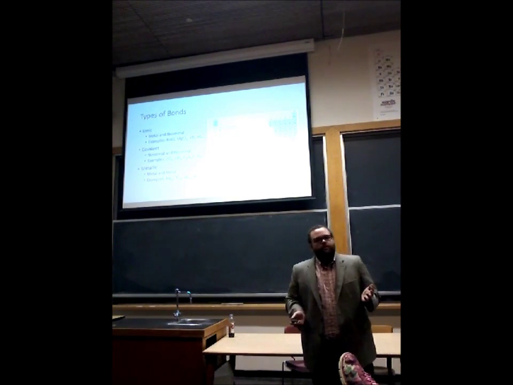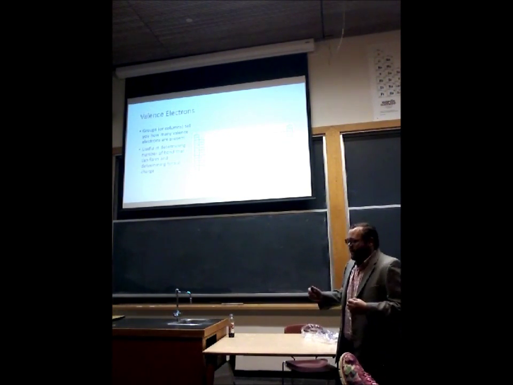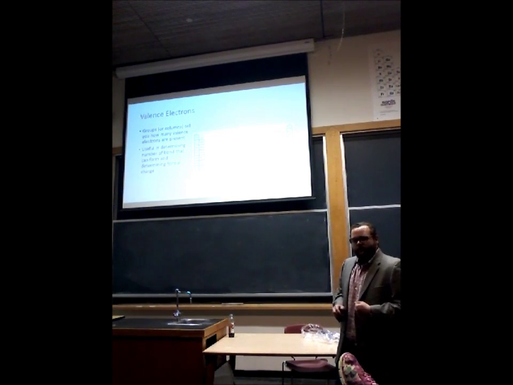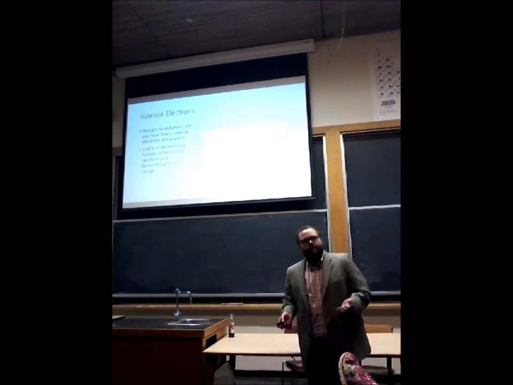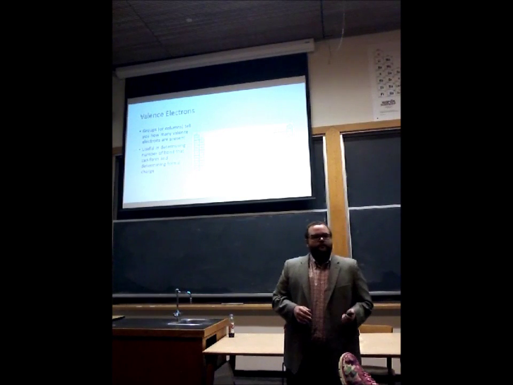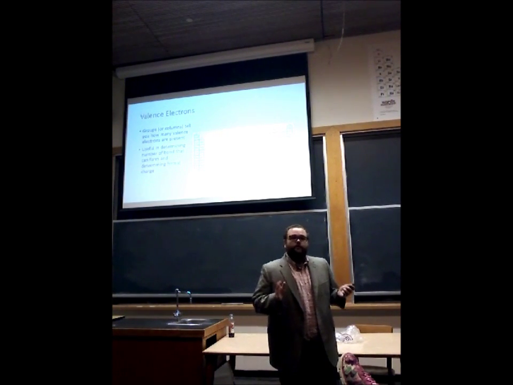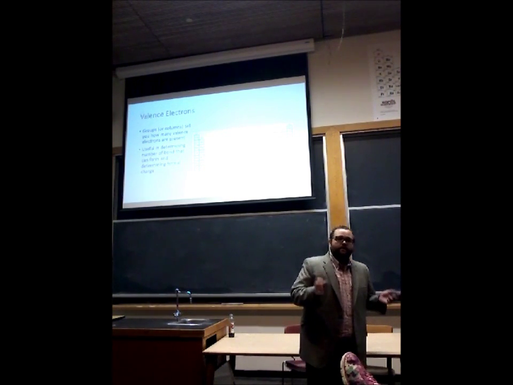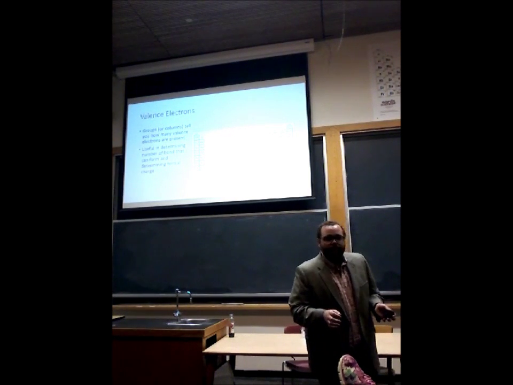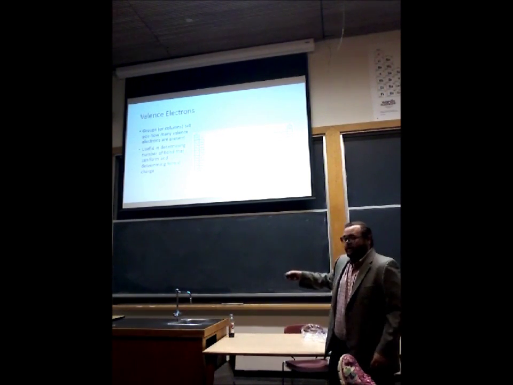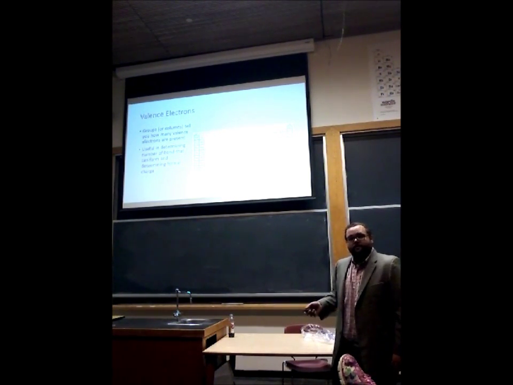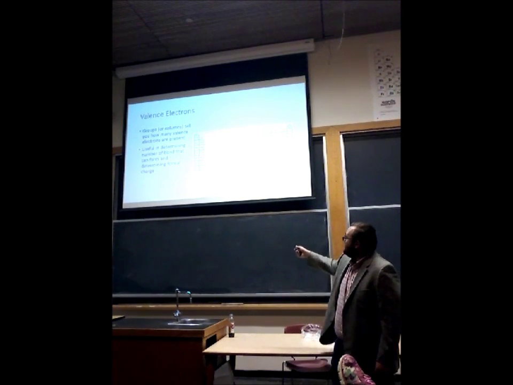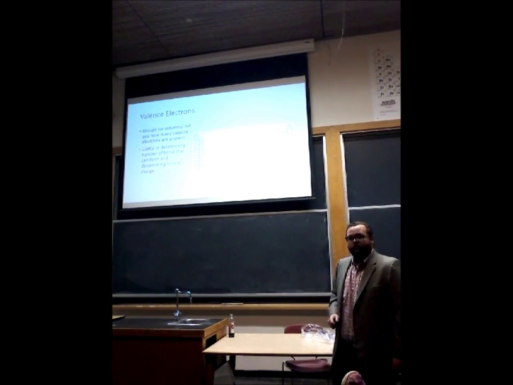Now we can also use the periodic table to figure out valence electrons in an element. So remember, every element wants to have a full octet, so it wants to have 8 electrons in its outer shell. Well, we know how many electrons are in its shell in the elemental state based on its group number.